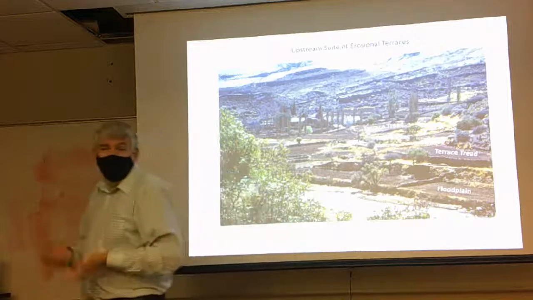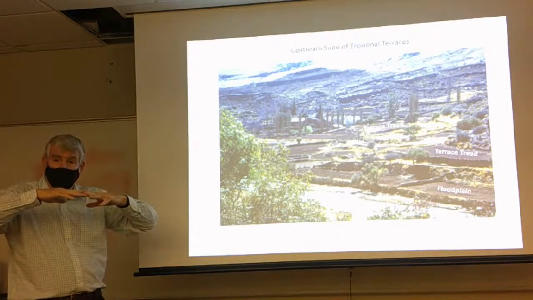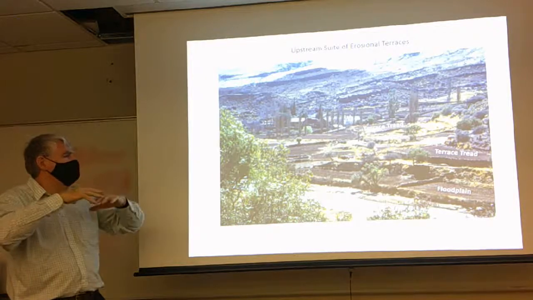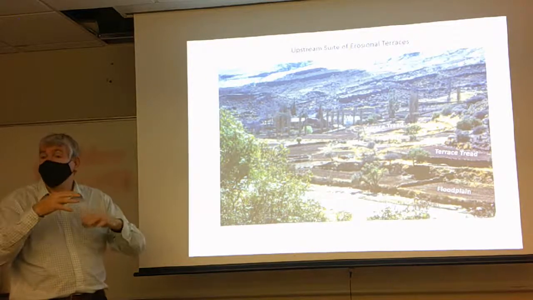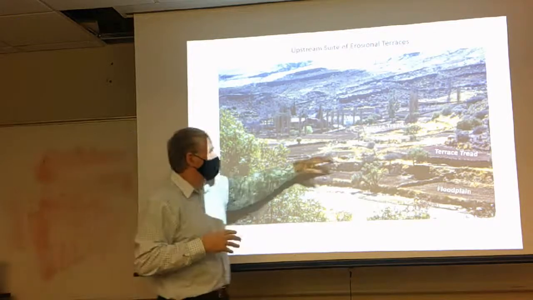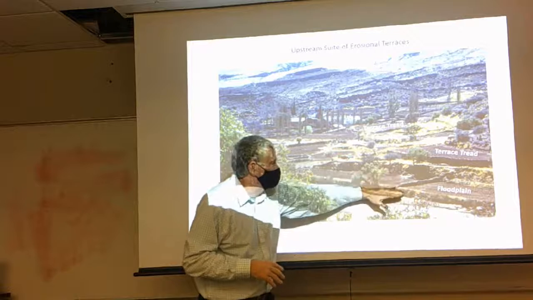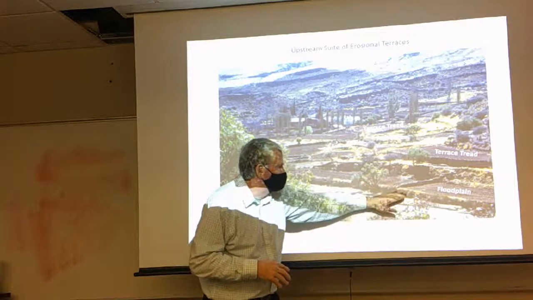It was a type of fill terrace that filled up during mining activities, and we got incorporation of mercury as well as other trace metals through the entire terrace tread. And then the sediment load decreased, and we've got incision in this area down to this level.